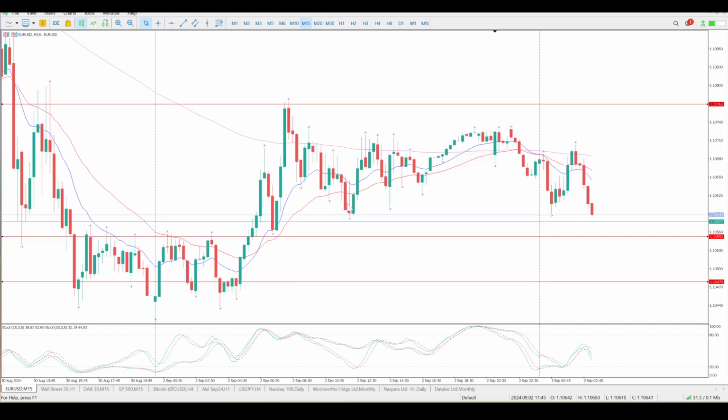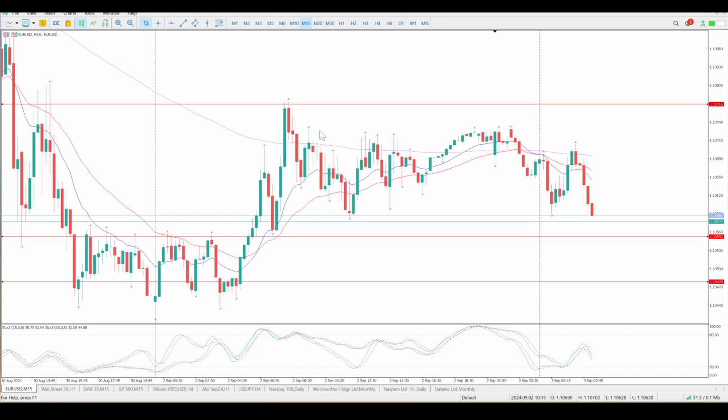There are gaps, that gap closed, and a couple of other gaps are closed now, and we're forming gaps on the way down.